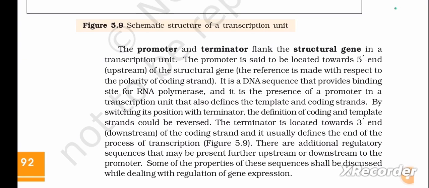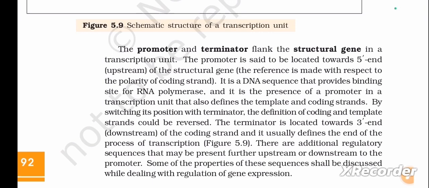By switching its position with terminator, the definition of coding and template strands could be reversed. The terminator is located towards 3' end, that is downstream of the coding strand, and usually defines the end of the process of transcription, figure 5.9.